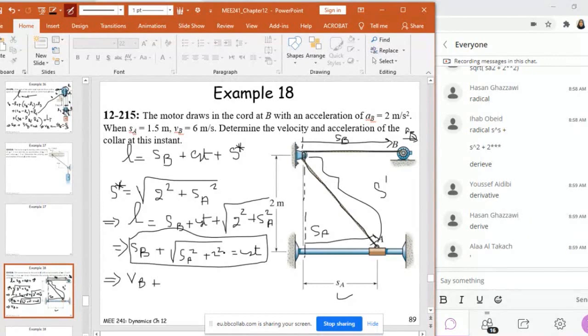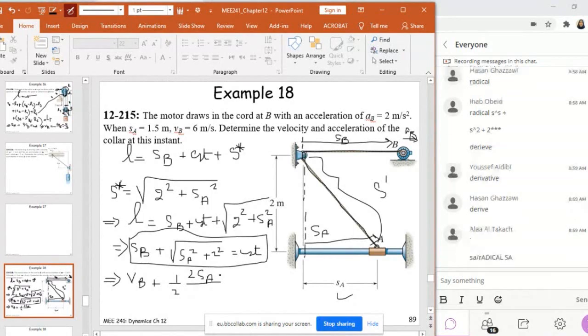It is equal to half of 2SA in the numerator, not only in the denominator. No, it's 2SA SA prime over radical SA squared plus 2 squared.